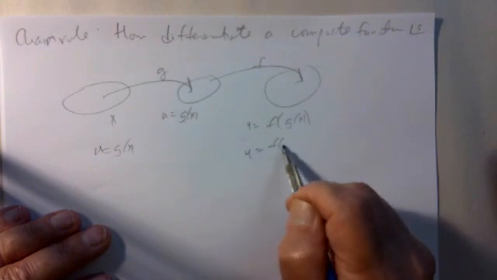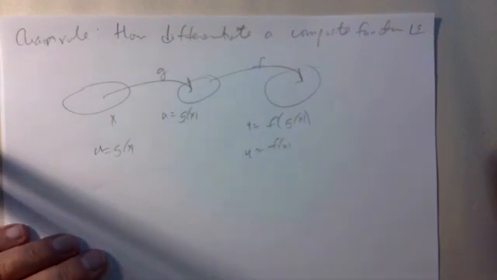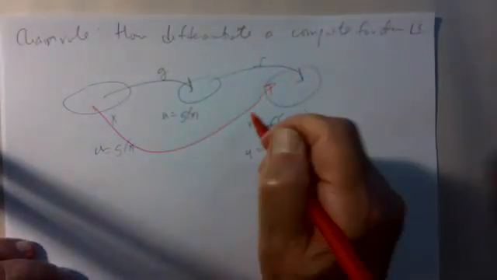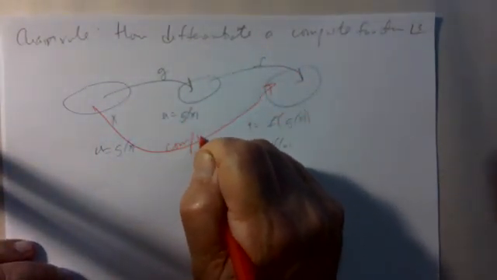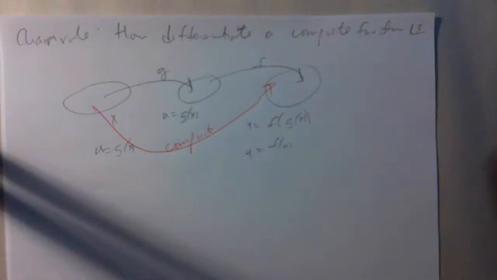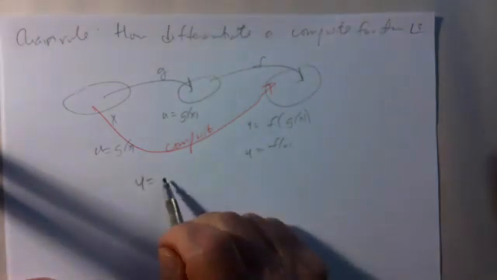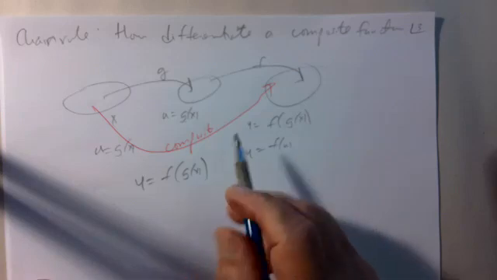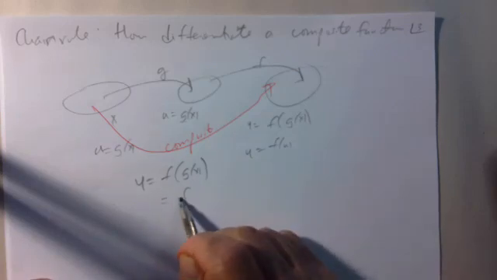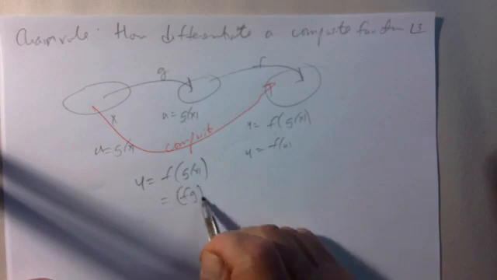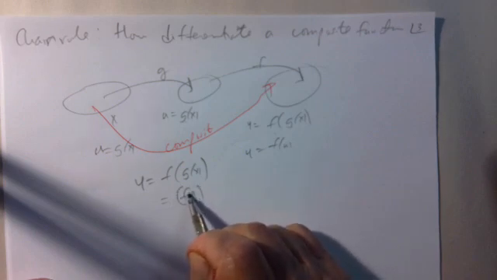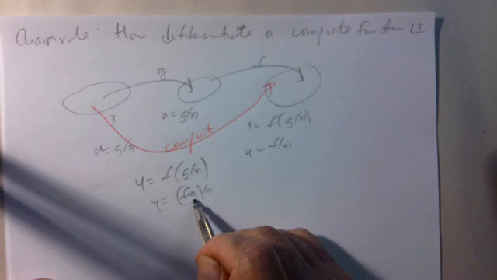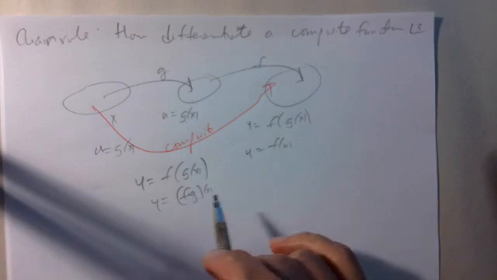So y is some function of u. And when you put the two of them together, this is the composite. Y is equal to f of g of x, which we write as f composed with g of x. It's not product, it's composition of functions.